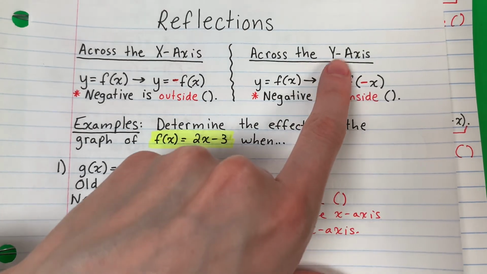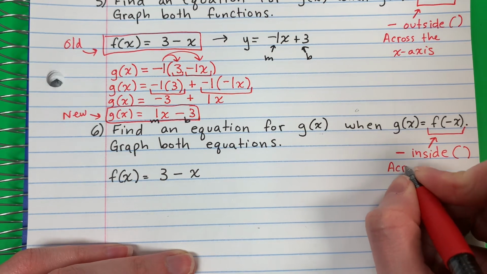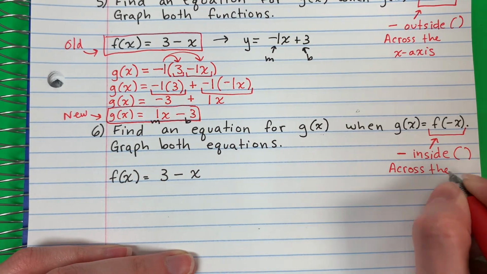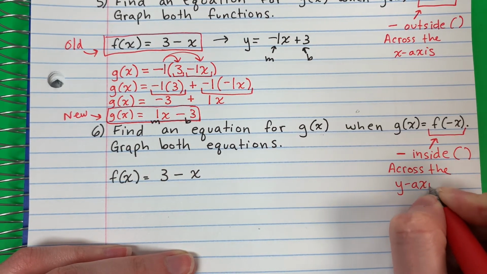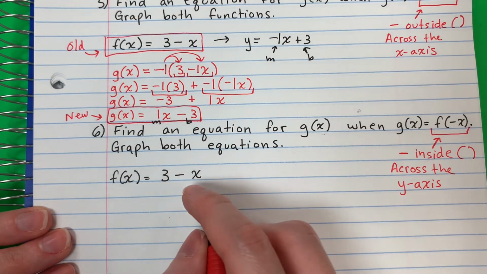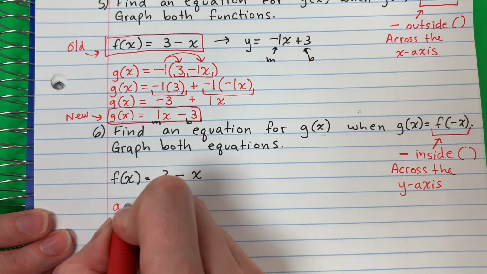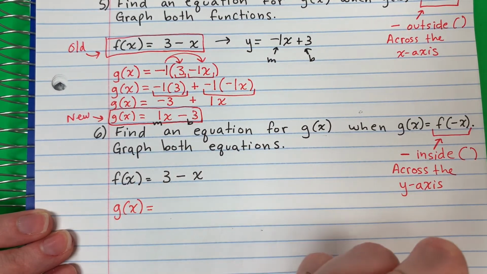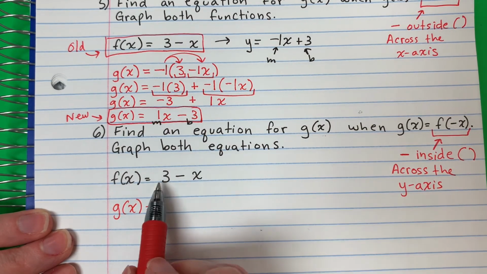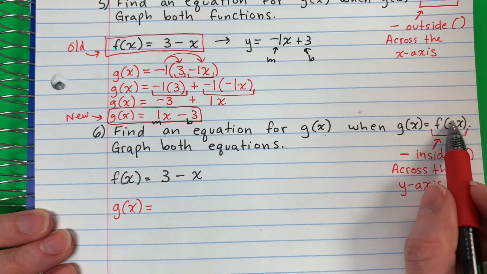Minus inside, y-axis. So across the y-axis. All right. So we're going to go ahead and do our new name, nuestro nuevo nombre, g of x equals. And what I'm going to do is I'm going to copy this, but the x will be with a minus inside the parenthesis.